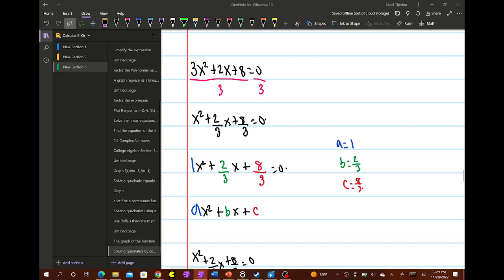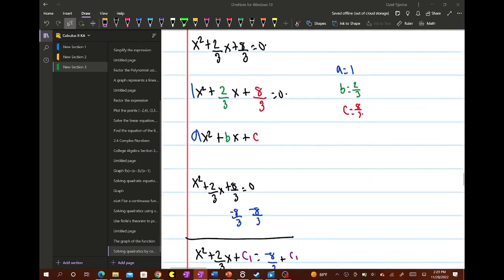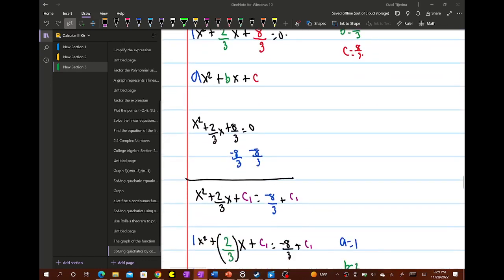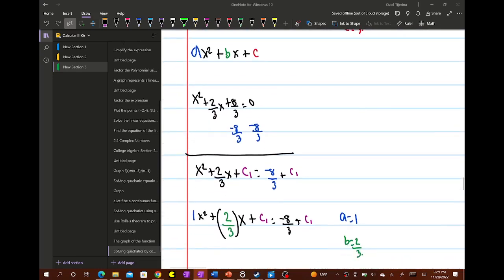Then I rewrote the formula, and I subtracted 8/3 on both sides. So then I put x squared plus 2/3 x, and then plus a third term. I named that C1, okay? And then I said negative 8/3 plus C1.